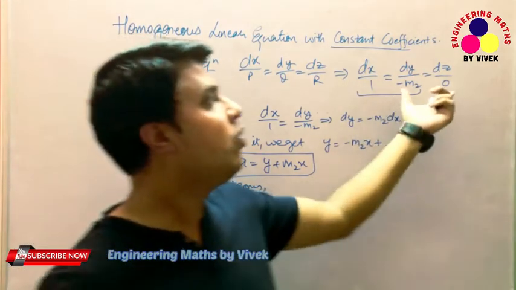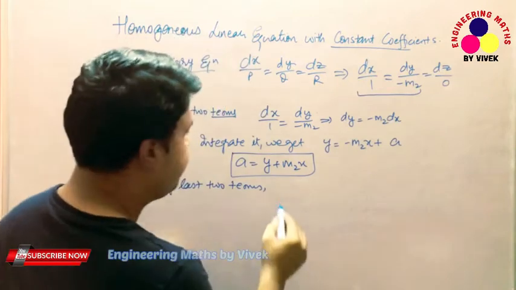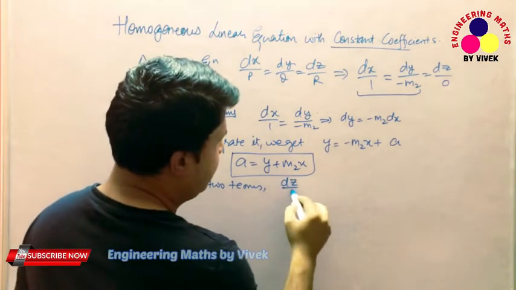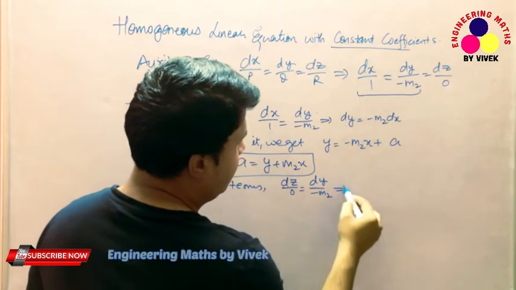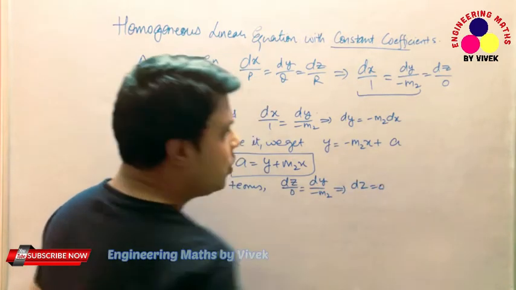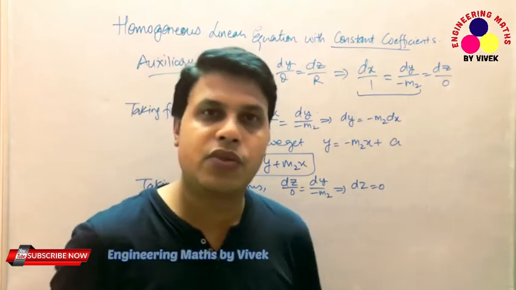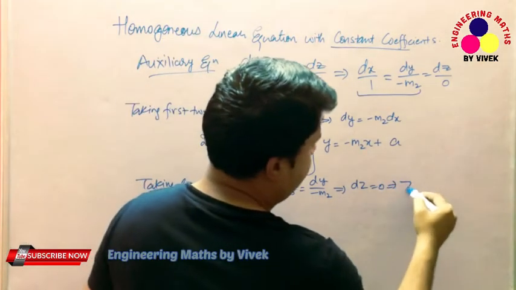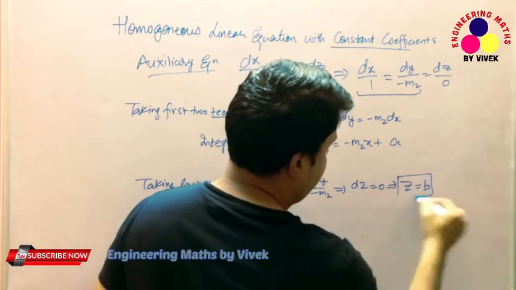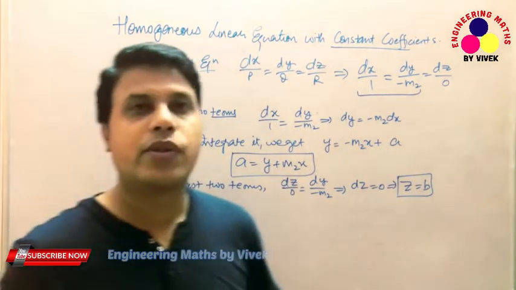So if we take the last two terms, it will be dz equals to 0, and if we integrate it, we have z equals to b.